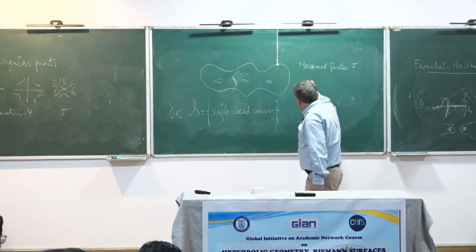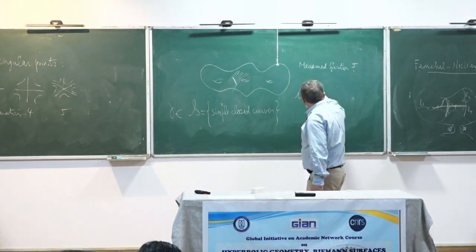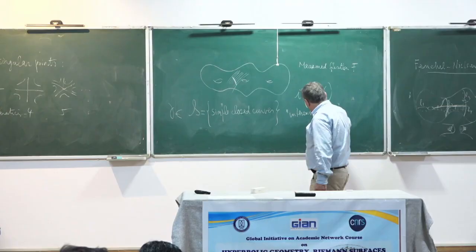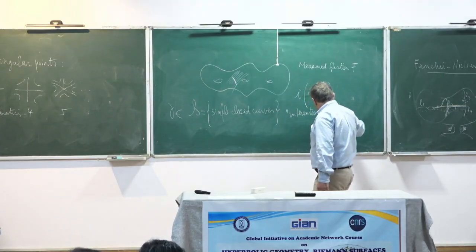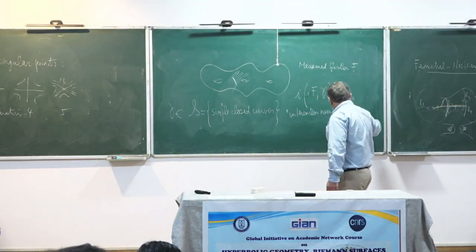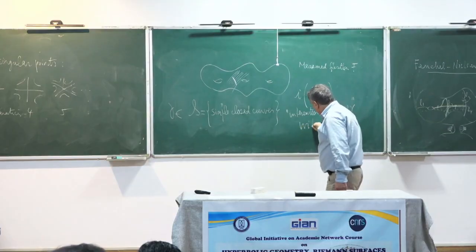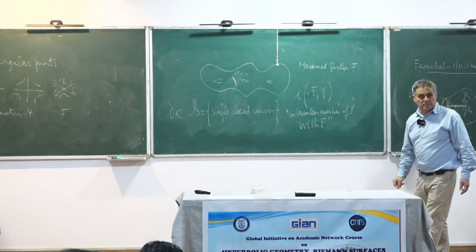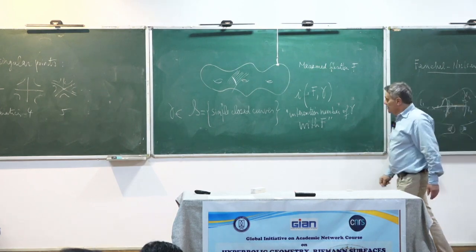there's something called I of gamma with respect to F, which is the intersection number of gamma with F. And what does this mean?